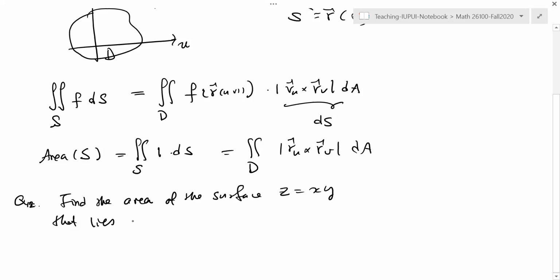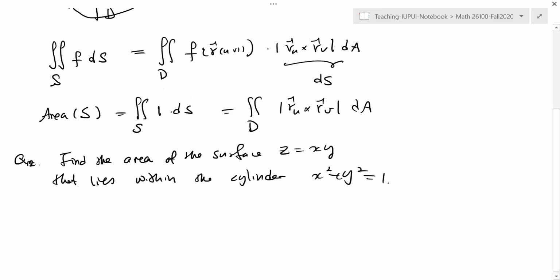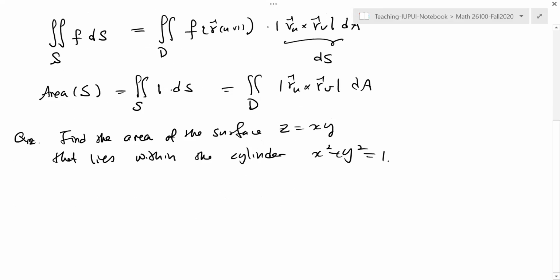The surface lies within the cylinder x squared plus y squared equals 1.